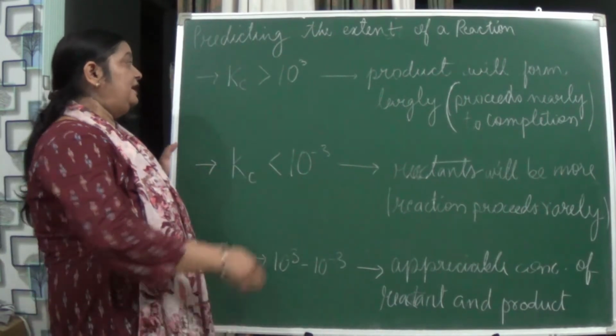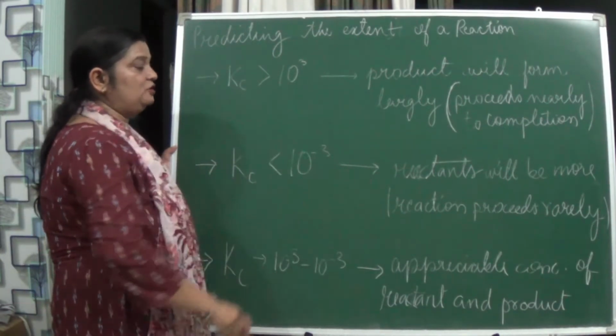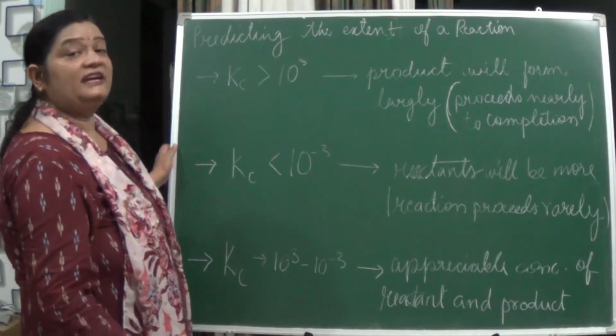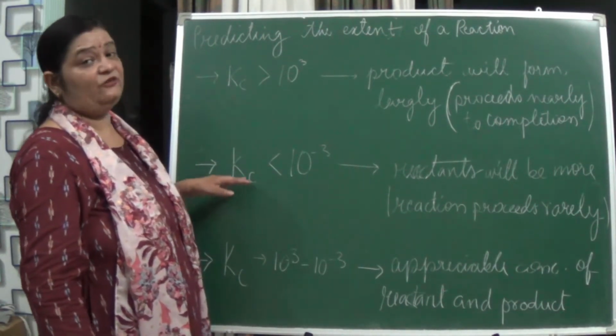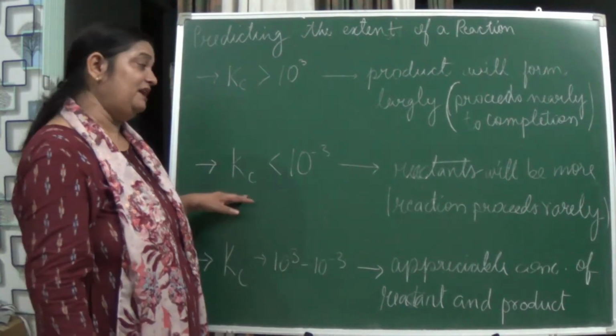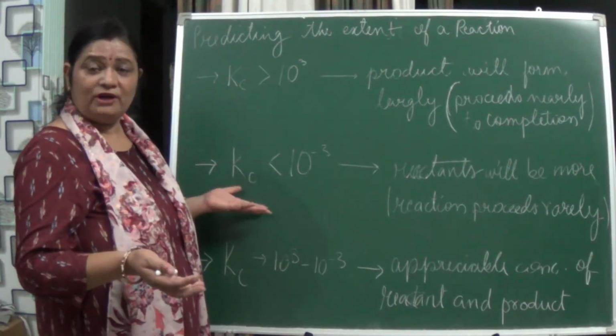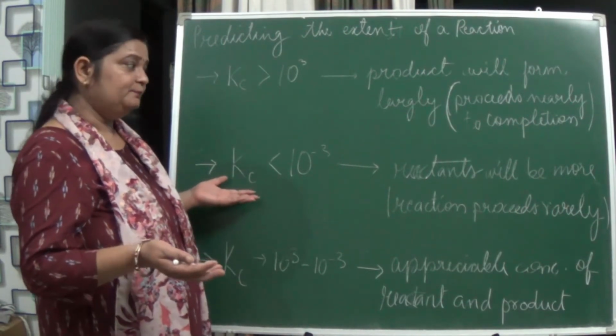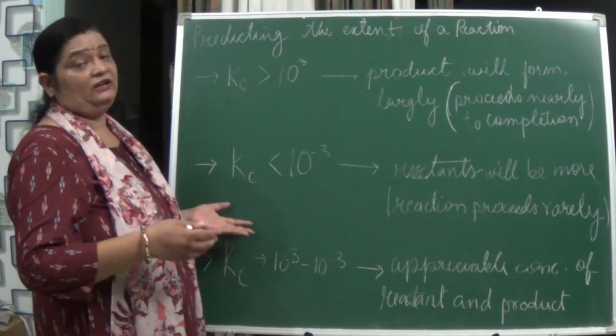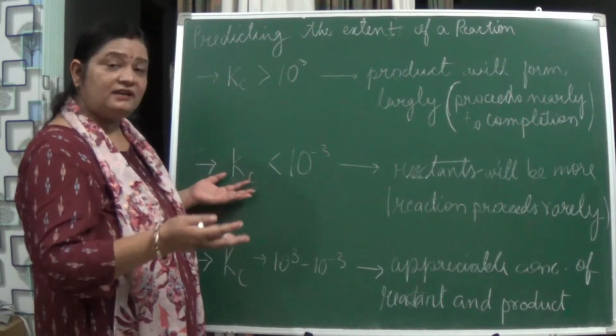Now if Kc is less than 10 to the power minus 3, the reactants will be more. If the reactants are more, it means the reaction is not going on properly, is it? It is not proceeding.